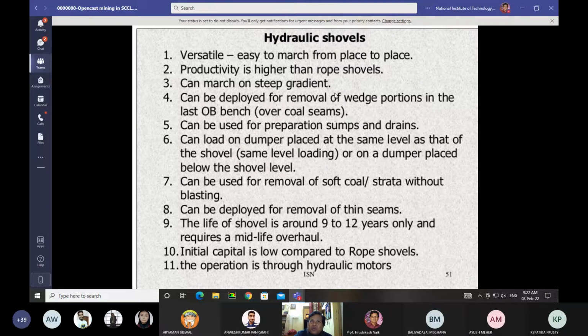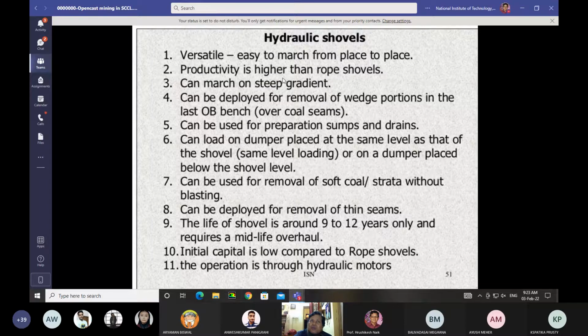So that is also one reason why people are preferring to go for the diesel operated hydraulic shovels, because they are very versatile, they can easily move from one place to another because the size of the machine is very small, and their production is also higher.